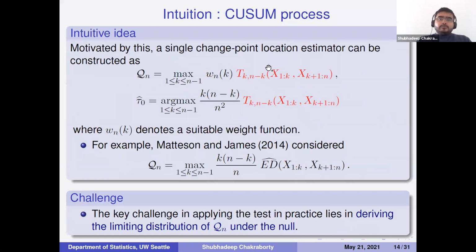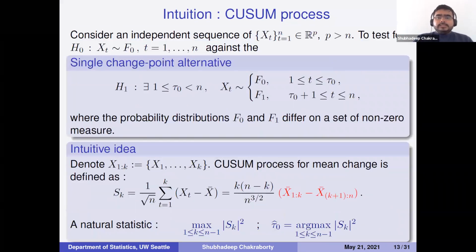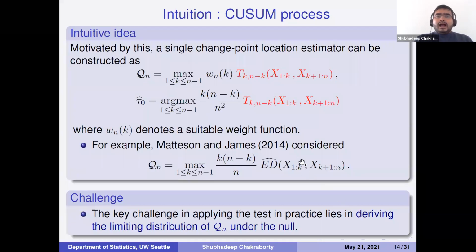So now that we have a setup where we want to detect general changes in distribution, instead of considering this difference of means, how about we consider the two sample statistic that we just talked about based on generalized energy distance for the two samples, one to the left of x_k and one to the right of x_k.